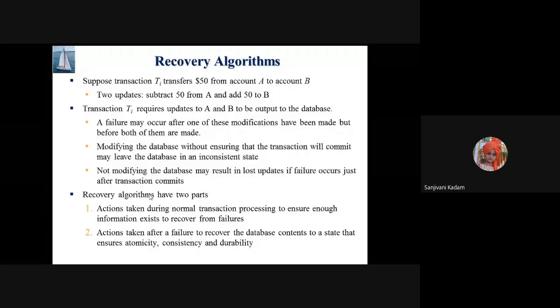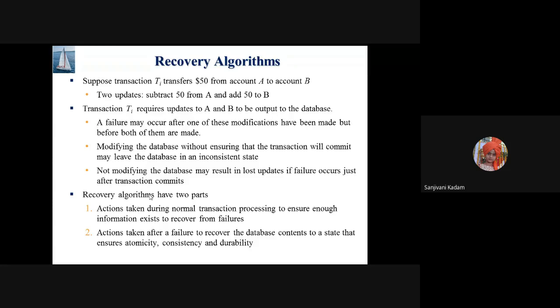And the second step is actions taken after failure to recover the database contents to a state that ensures atomicity, consistency, and durability. So this means a few steps are taken before failure and a few steps are taken after the failure.